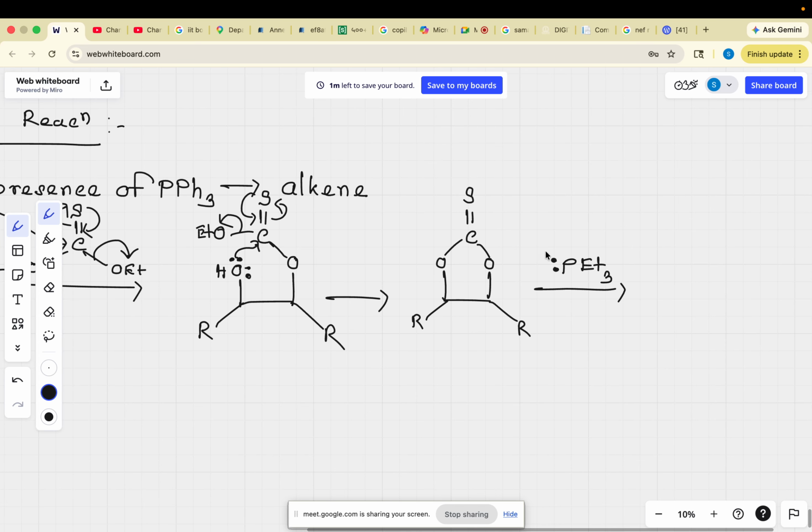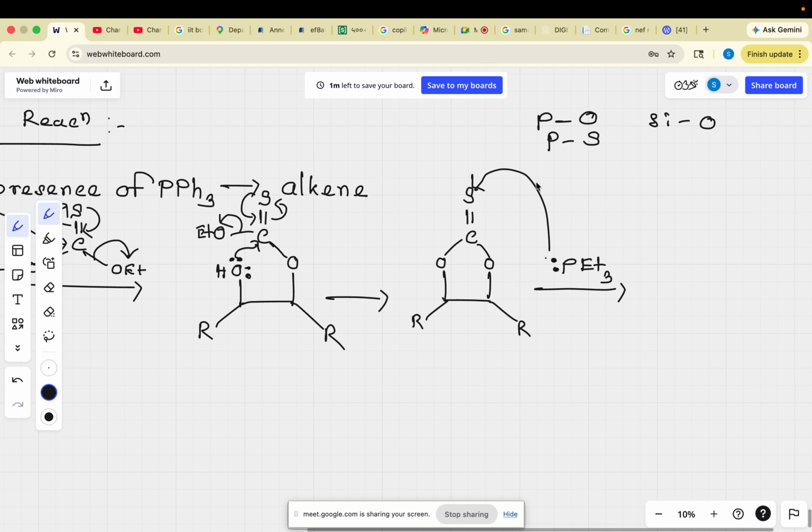Keep in mind what I told you already: the phosphorus-oxygen bond or silicon-oxygen bond is very strong. Sulfur is also a group member of oxygen, so sulfur is also electronegative. So this phosphorus will attack the sulfur atom, not the carbon atom. Many students did this, attacking the carbon atom, and then they cannot proceed, because if you attack the carbon atom then it is finished. So it will attack the sulfur atom.